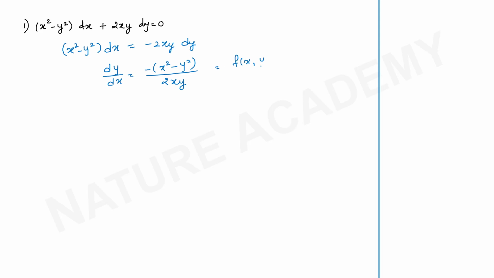So this is in the form f of x comma y by phi of x comma y, and the degree is the same. Therefore this is a homogeneous differential equation.